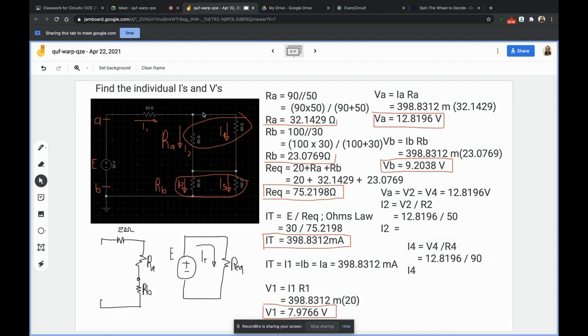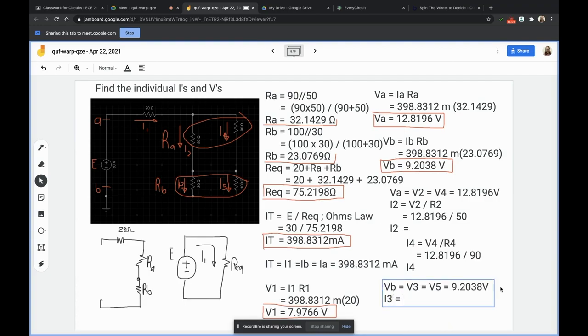Same concept for our VB. So that will be VB equal to V3 equal to V5, having the value of 9.2038 volts. I3 is equal to V3 over R3 and our I5 is equal to V5 over R5.